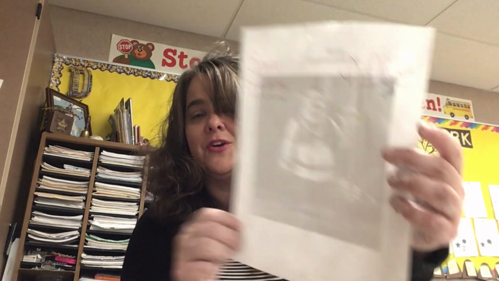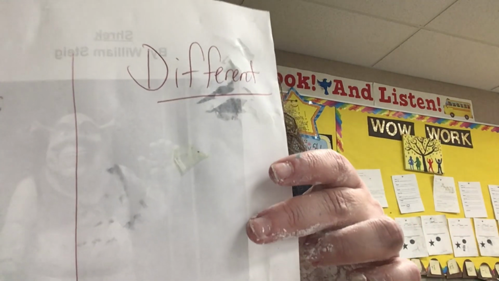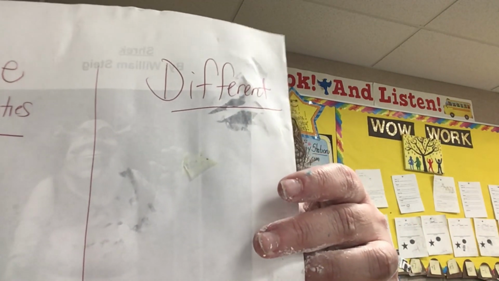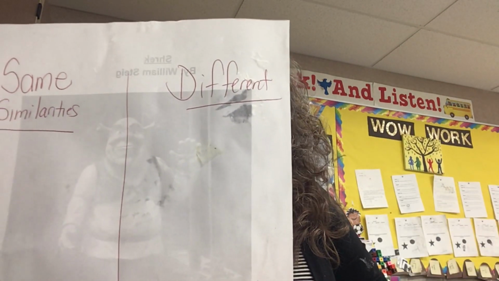And if you do, you can always turn your paper over and you can write the words similarities and differences. We do talk about this. And you can compare the book that was read. So talk about things that are the same and talk about things that are different from the movie compared to the book. So there are some fun things that you can do with each other.